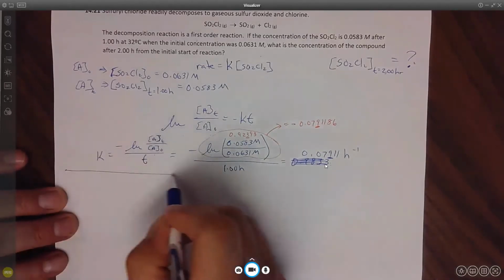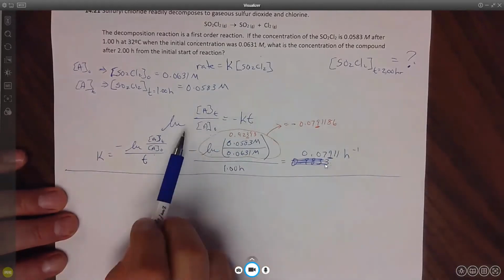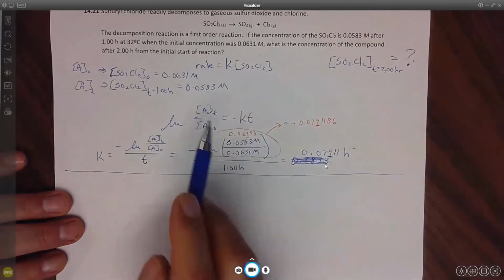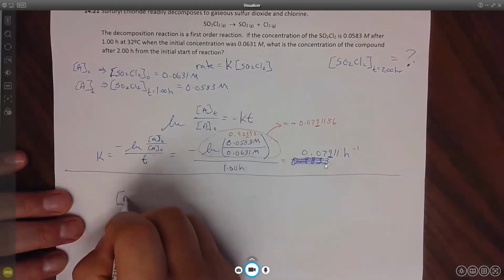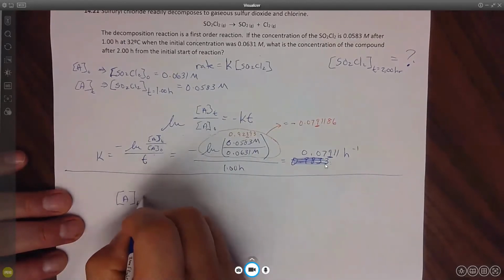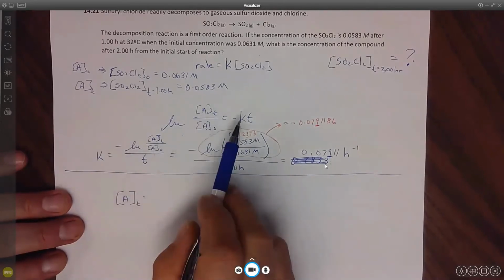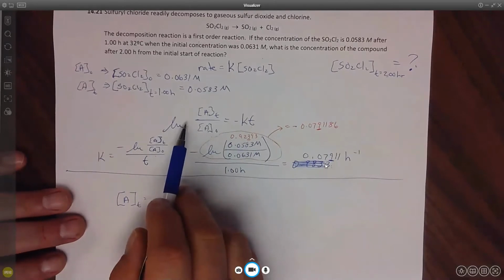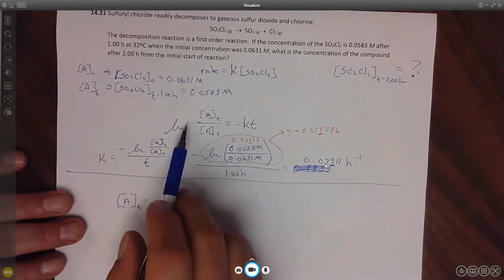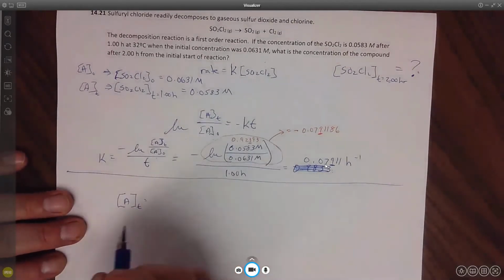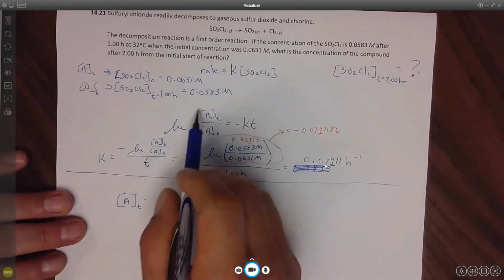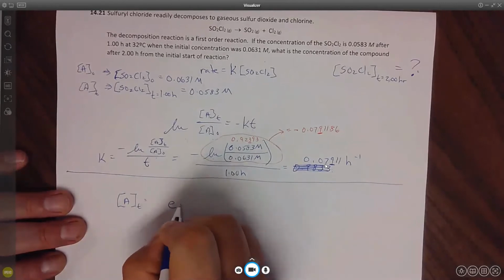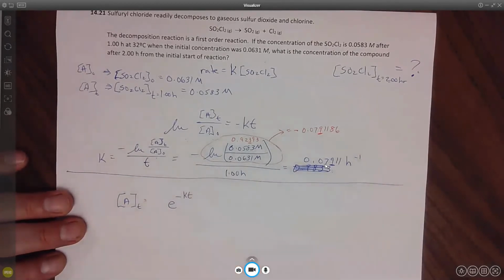Now, we're going to use this equation again, except this time we're solving for A of t. We have to get rid of this natural log part, so we're going to take the anti-log, which means raising e to it. So e to the natural log gives us this ratio, and that will be equal to e to the negative kt.